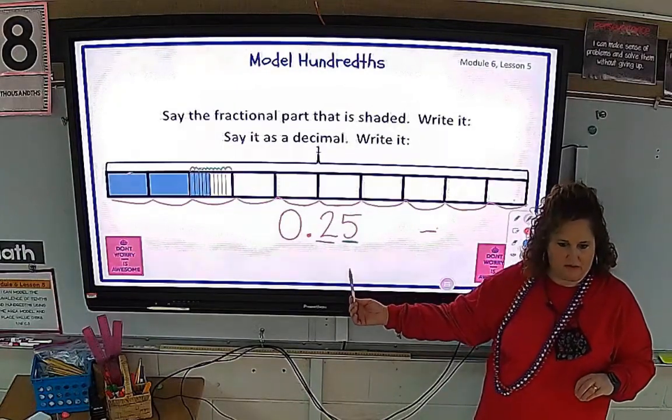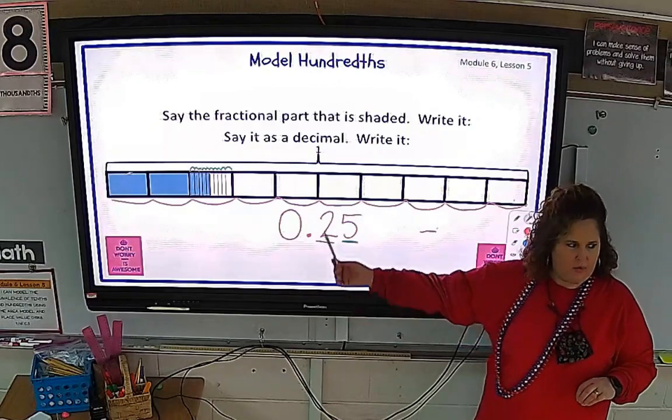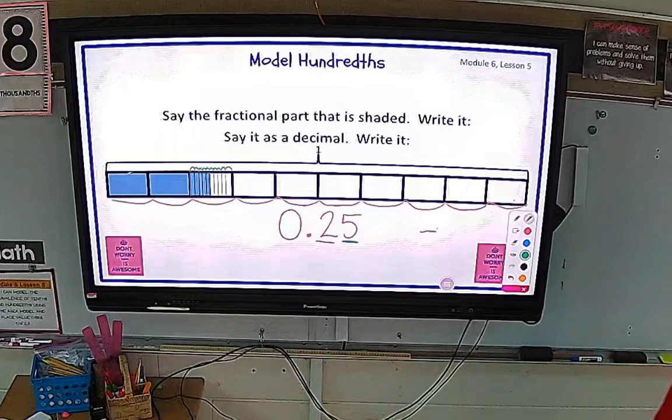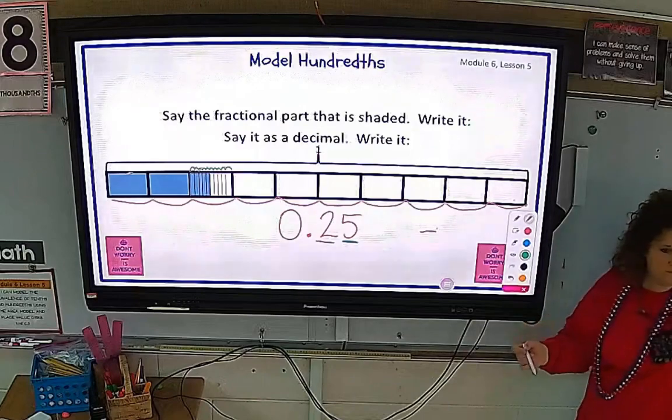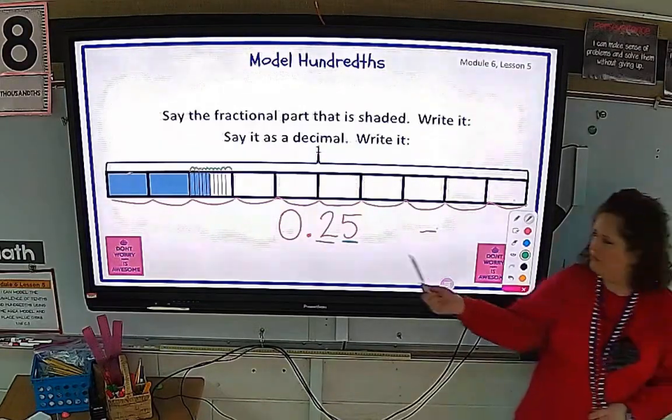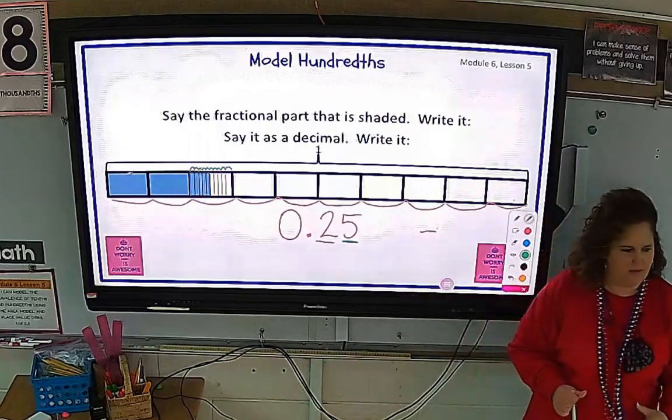See how that works? Now, how do I read that? Ishmael had all the right parts, but you just said it a little differently. You said it almost correctly. So let's see how this works. Do you want to give it a try? It's very simple. Some people want to look at that and go 25 tenths, but you can't have 25 tenths.